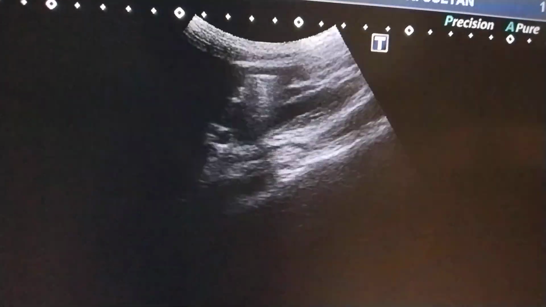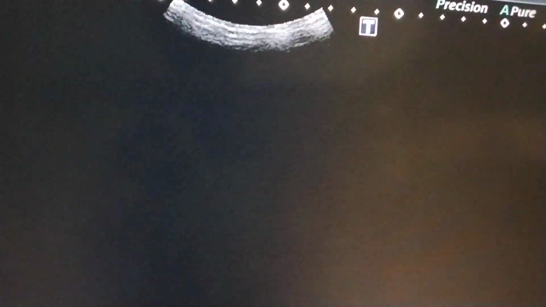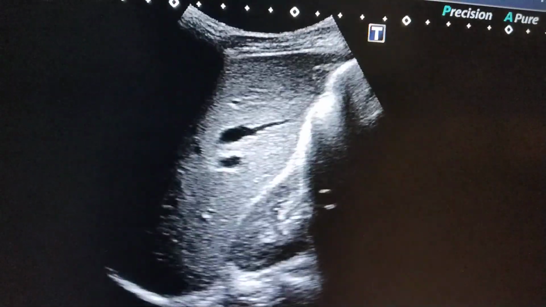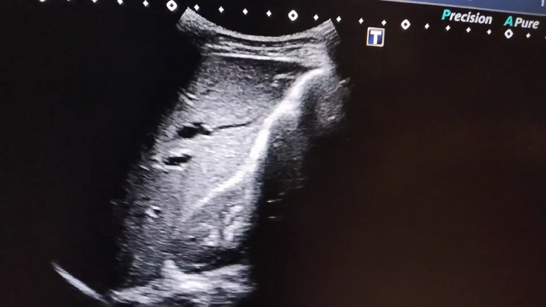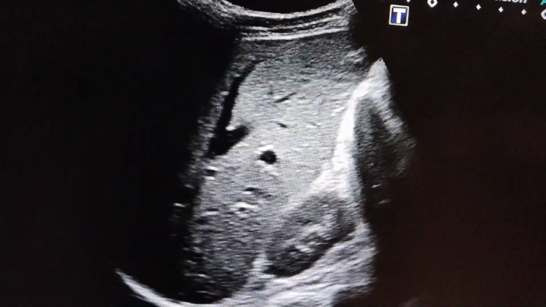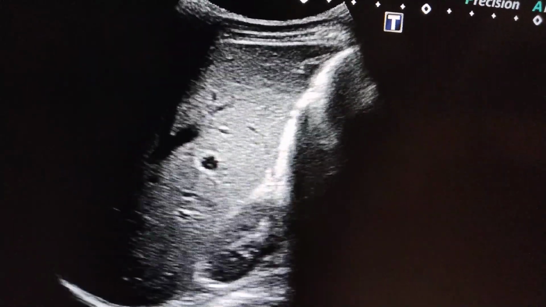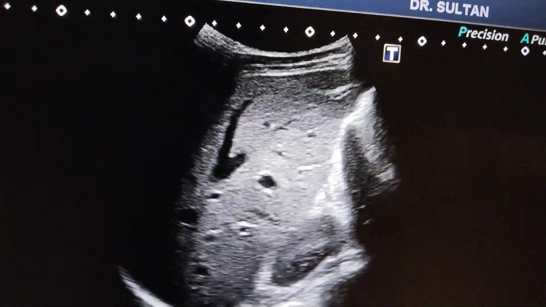So then we put the probe at the lower intercostal space region. जो रिब्स होती हैं दो आखिरी लास्ट वन, तो उनके दरमियान में स्पेस मिल जाती है, तो हम फिर प्रोब को वहां रख लेते हैं.